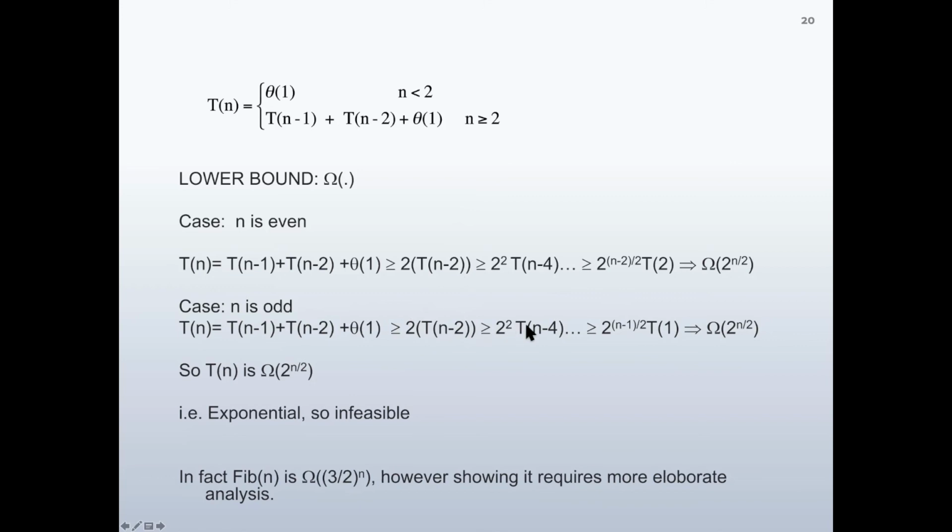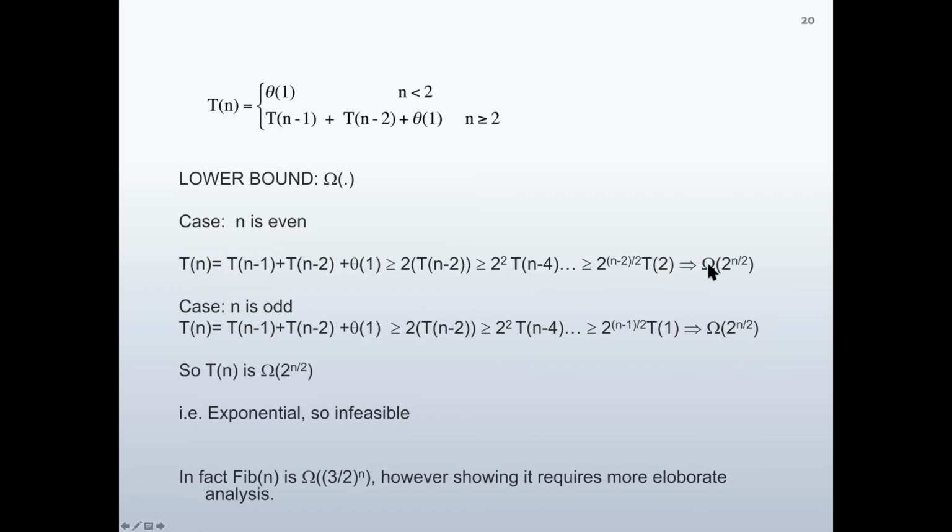And we go on in the same manner, but the only difference is that instead of T(2), we will have T(1) here because n is odd. Again, if we consider this expression, T(1) is replaced by theta 1. So this is in the omega complexity of 2 to the power n divided by 2.